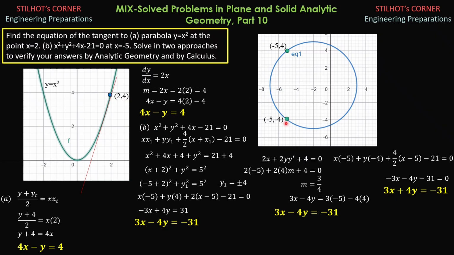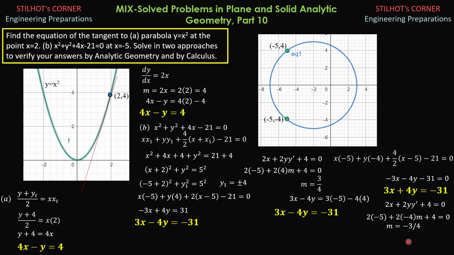By calculus approach, 2 times negative 5, that's the derivative from here, plus 2 times negative 4 times m of the second tangent, plus 4 equals 0. So this time the slope is negative 10 plus 4, negative 6 divided by 8, negative 3/4.